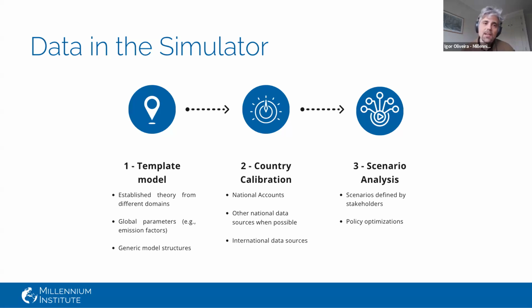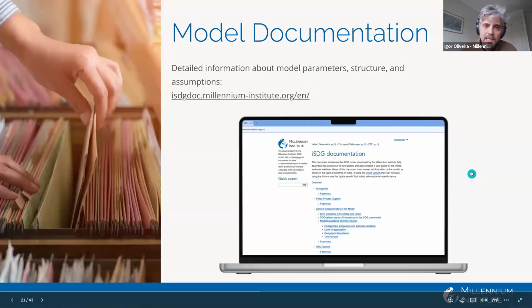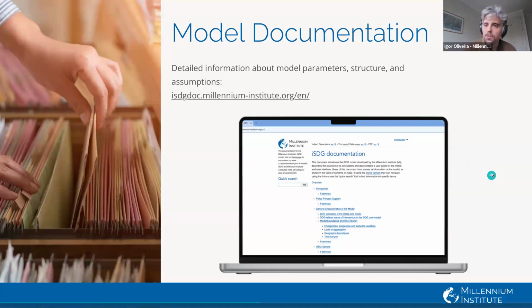So in the next slide, what you see is a screenshot of our model documentation where we explain these structural assumptions in each of these different sectors and how we incorporate the different pieces of theory together and how we connect them to each other.